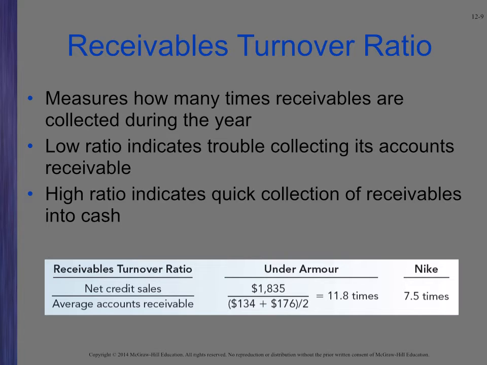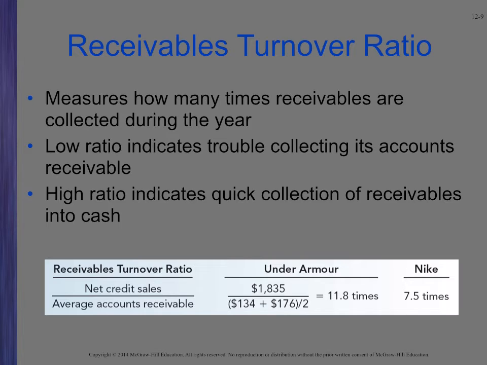The other indicator of liquidity is the receivables turnover ratio. This ratio measures how many times on average a company collects its receivables during the year. A low receivables turnover ratio may indicate that the company is having trouble collecting its accounts receivable.